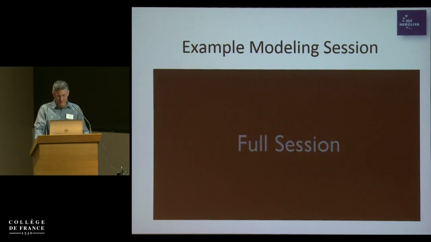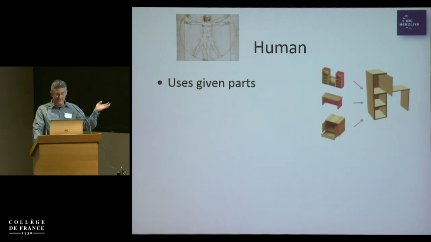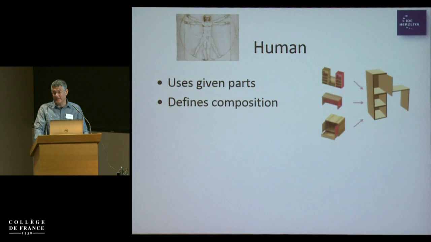Okay. So, yet again, it's a collaboration, as I've shown you, between a human being that actually does the modeling. It uses given parts. It can't just draw anything, but it has to use those specific parts that are in the database. But this database, of course, could be extended. And the human defines the composition.